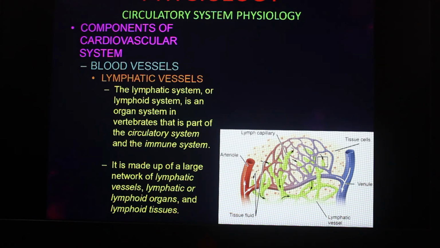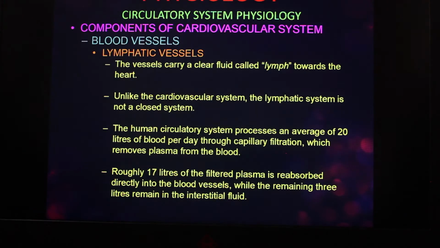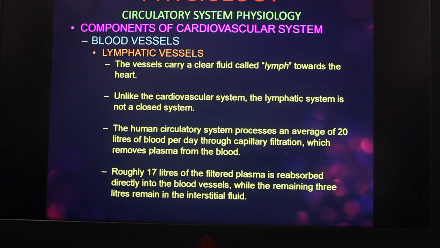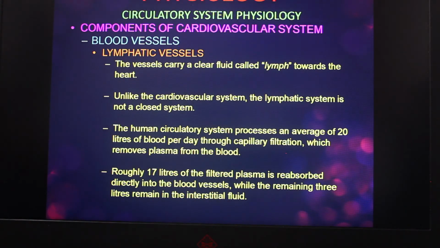It is made up of a large network of lymphatic vessels, lymphatic or lymphoid organs, and lymphoid tissues. The vessels carry a clear fluid called lymph towards the heart. Unlike the cardiovascular system, the lymphatic system is not a closed system.